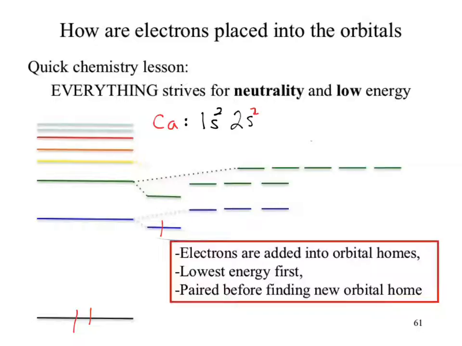How many electrons went into the first column? One. How many electrons were in our second column? There were 2 more underneath it. 2.